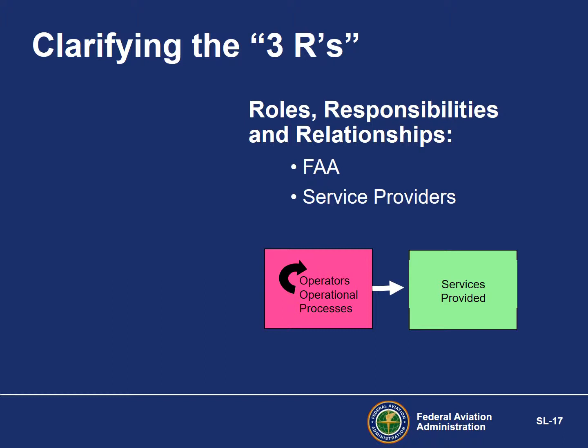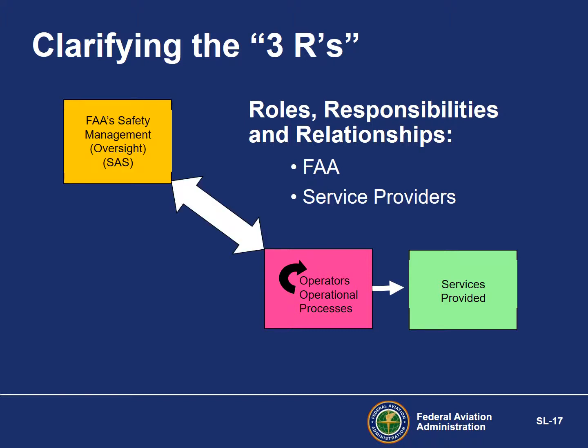Let's examine the roles, responsibilities, and relationships between the FAA and our service providers. Each service provider has operational processes that are used to provide services to their customers. The FAA has oversight processes that we use to accomplish oversight. Currently, we use the NPG and the Safety Assurance System, SAS, which will include our own internal SMS processes.